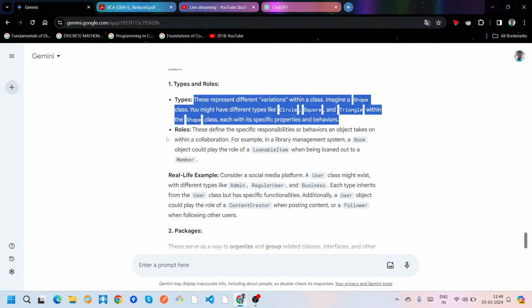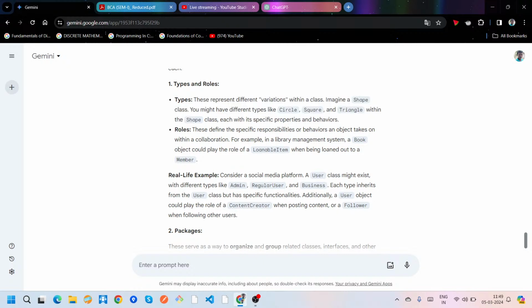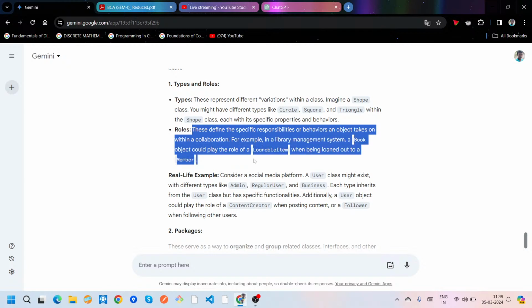Then roles means these define the specific responsibilities or behaviors an object takes on within a collaboration. For example, in a library management system, a book object could play the role of a loanable item when being loaned out to a member.